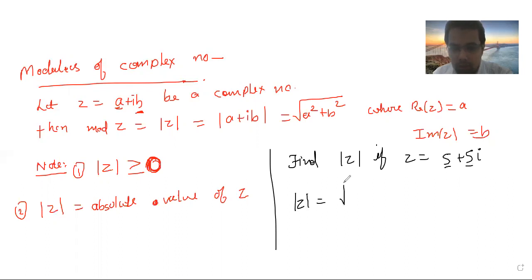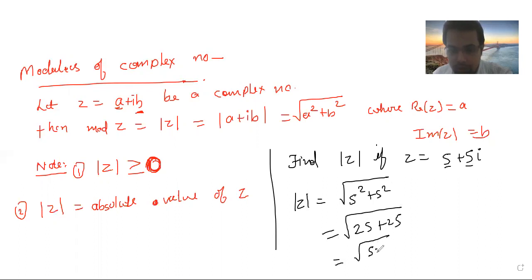So mod z is equal to root over 5 square plus 5 square. 5 5s are 25, 5 5s are 25, so it is root 50. Root 50 can be factorized as 25 into 2, so it will be 5 root 2 units. Answer.